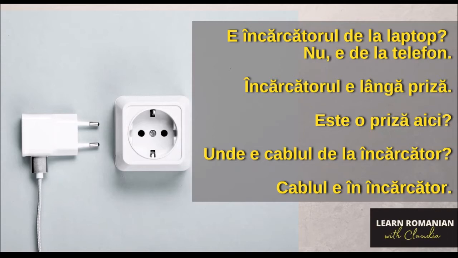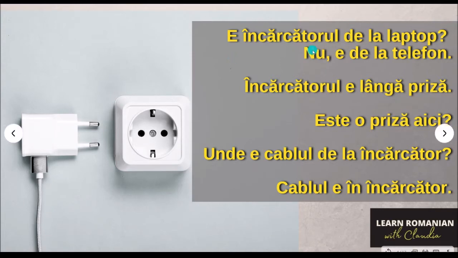So whether we say near the laptop, next to the laptop, under the laptop, on the laptop, or whatever, we don't need a definite article. So in English you'd say, is this the charger from the laptop? In Romanian you say, is this the charger from laptop? And that's why we have laptop and not laptopul, and that ul at the end would have meant the. So no definite article here.